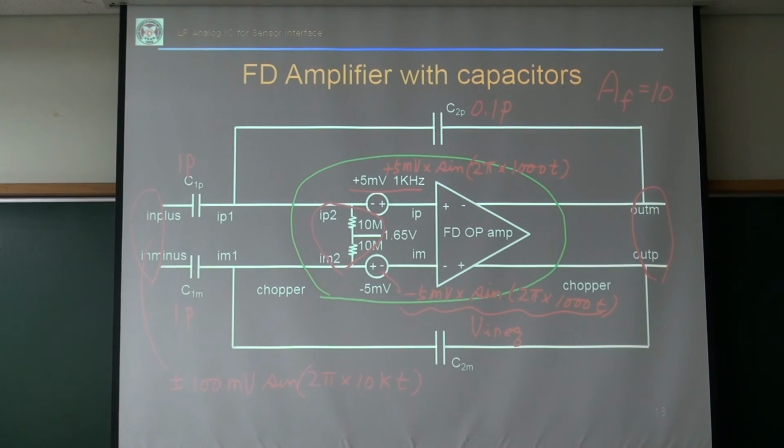Okay, so let's just see. I apply a 10 kilohertz input signal here, so I expect my differential output voltage is around, say, this is 200 millivolt, so 2 volt, is it 2 volt?